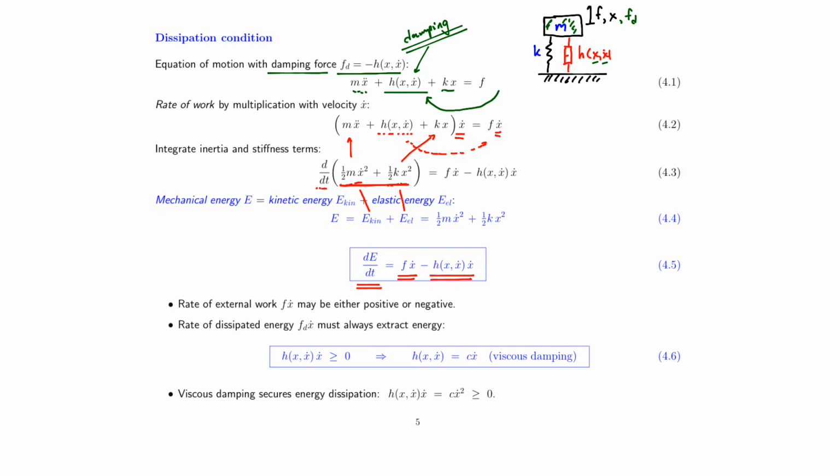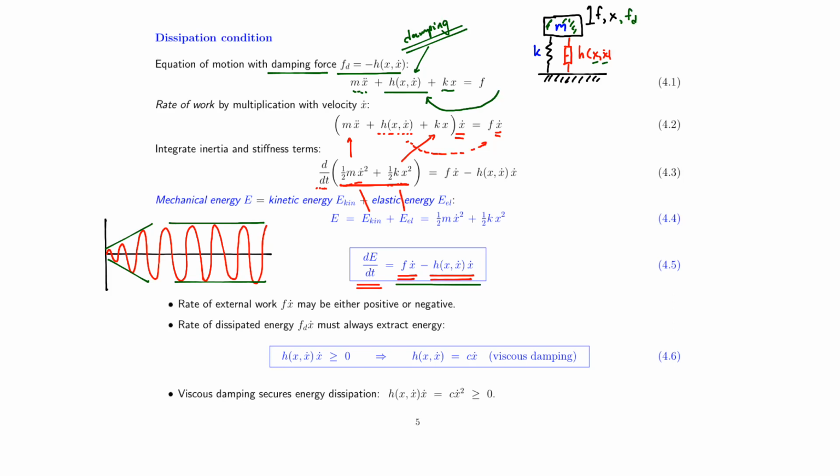Now, at this point, it could be of convenience to just recapture what happened during steady state. During steady state, we have a build-up. This is something that looks like resonance with a nice linear build-up of the amplitude. And then at some point, we will actually have what appears as a constant amplitude. And the reason why we get a constant amplitude is that the terms on the right-hand side of this energy balance equation will actually cancel.